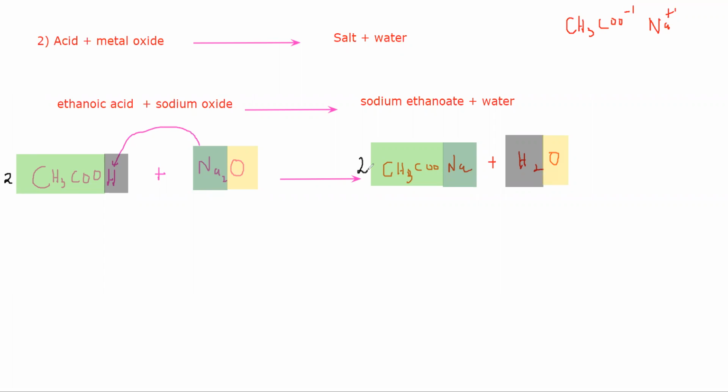So I put 2, that is also balanced. In the green shade, 2 sodium on the right, 2 sodium on the left, and in the orange shade, we have 1 oxygen on the right, 1 oxygen on the left. So this equation is balanced in terms of all the atoms in each shade. Is this clear? Balancing.